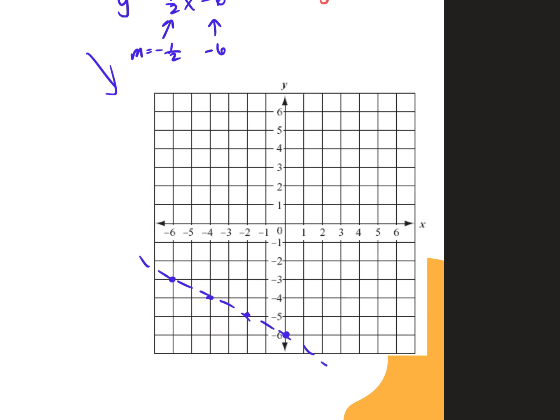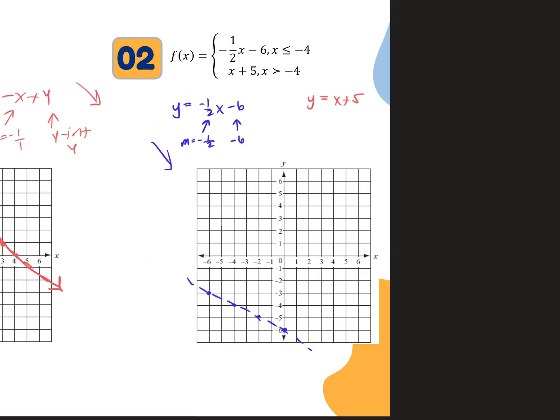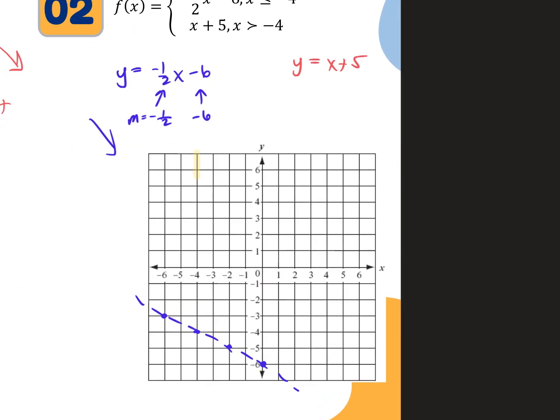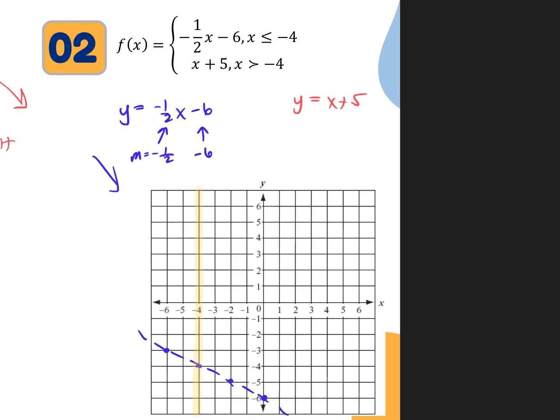Now, I'm going to draw my boundary line. It says less than or equal to -4. So 2 things I need to look at. Which side of this line do I want to keep? Which side do I want to erase? Do I want to keep the left-hand side or the right-hand side? I want the values that are less than or equal to -4. I want to keep the stuff on the left.